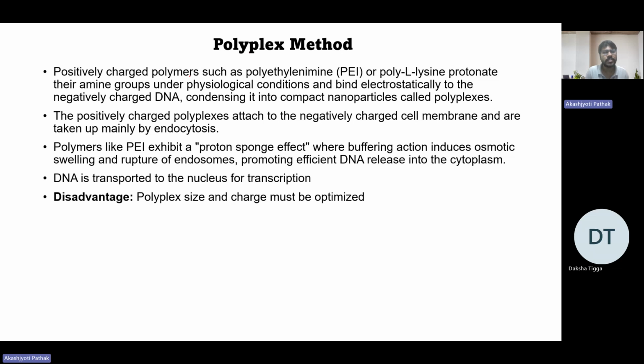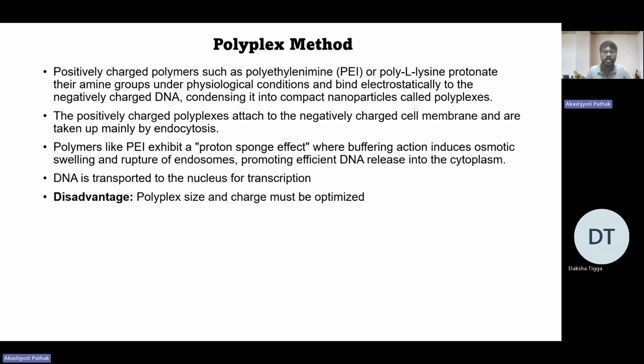Positively charged polymers such as polyethylenimine, PEI, or poly-L-lysine protonate their amine groups under physiological conditions and bind electrostatically to the negatively charged DNA. All these chemical methods are basically trying to neutralize the negative charge of the DNA molecule.